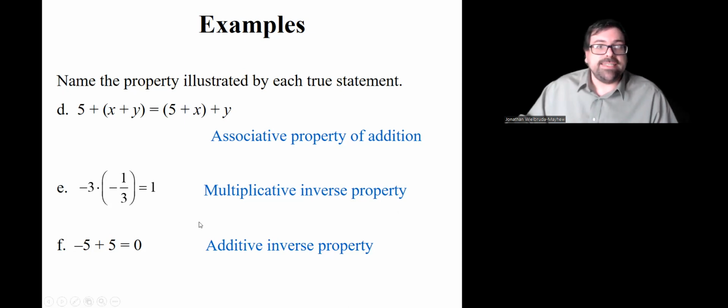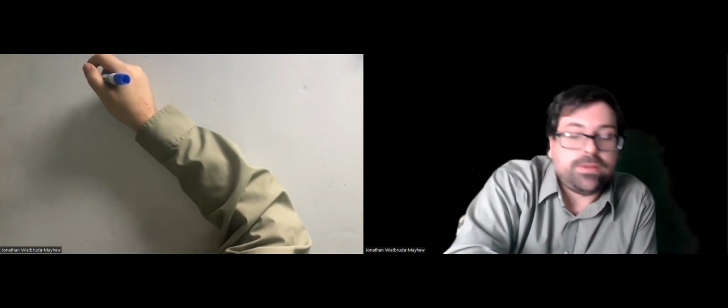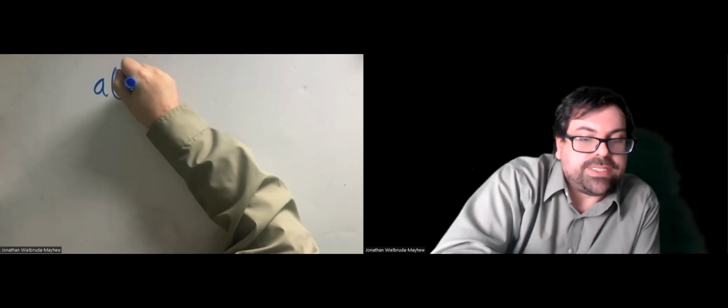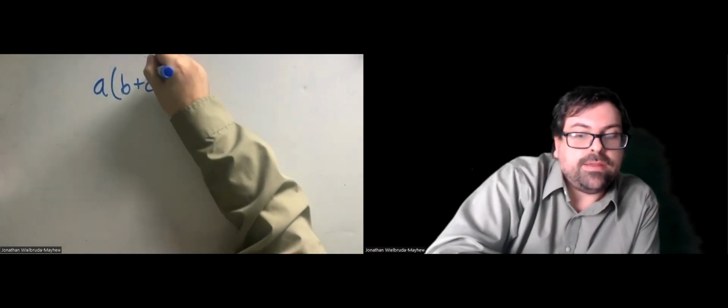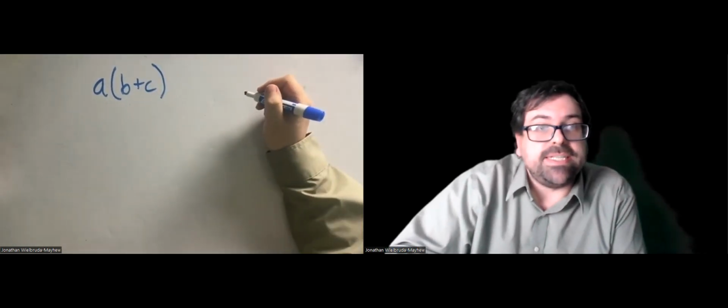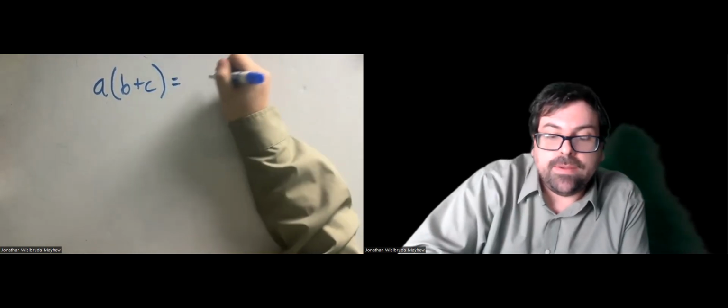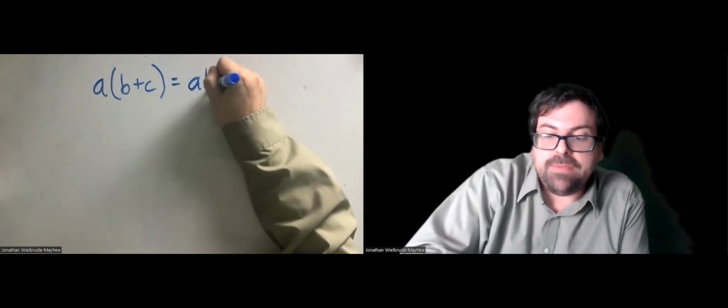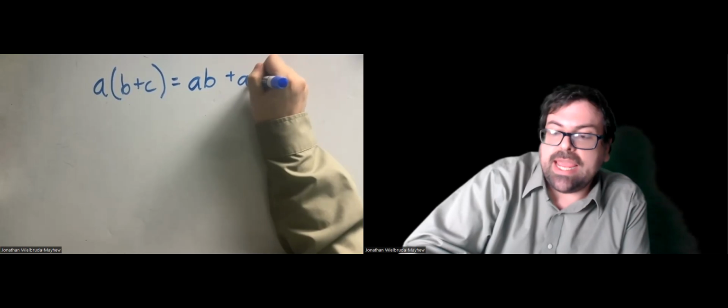Okay, now let's take that deep dive into the distributive property. Okay, so the distributive property, once again, tells us that A times in parentheses B plus C equals AB plus AC.